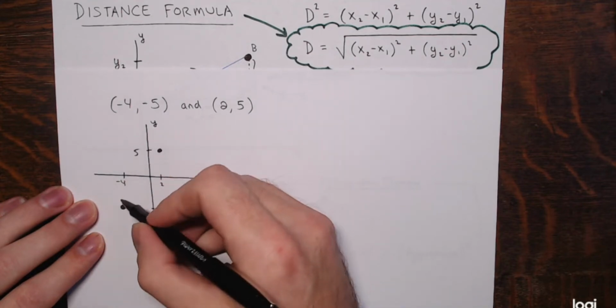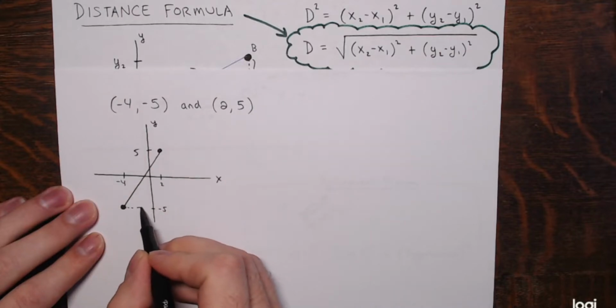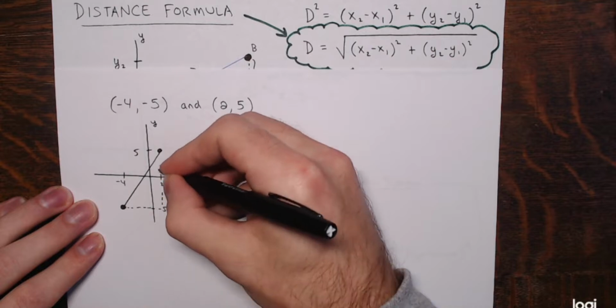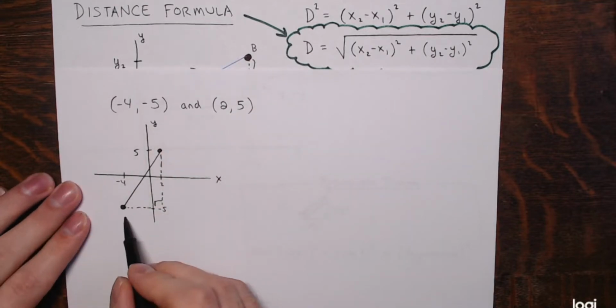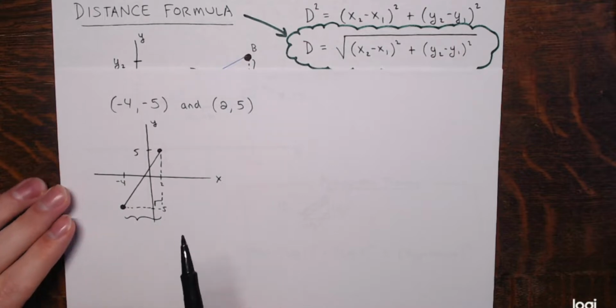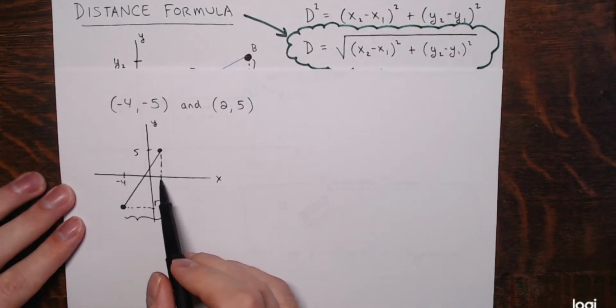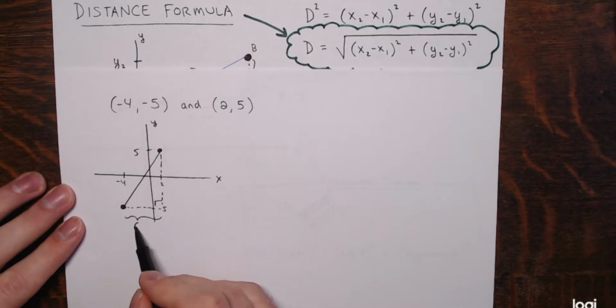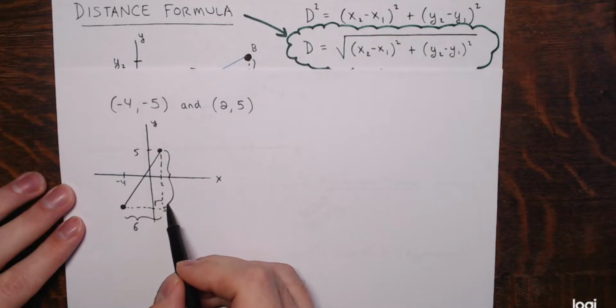And then I'll draw the little right triangle that I did earlier. Now this distance here, the horizontal leg, you're going from -4 to 2. That's 6 units. And then the vertical leg, you're going from -5 to +5.